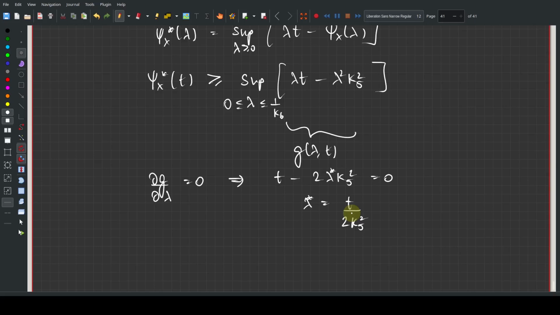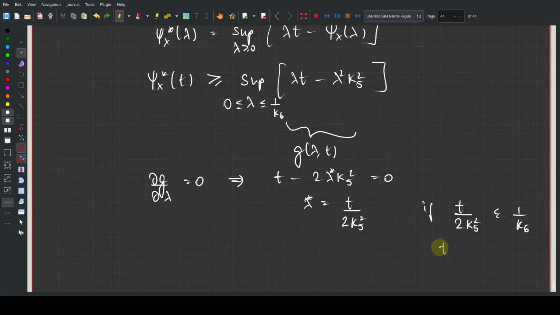Okay, but is this true for all lambda? As long as t by 2 k phi square is less than or equal to, I think it is 1 over k6, correct?